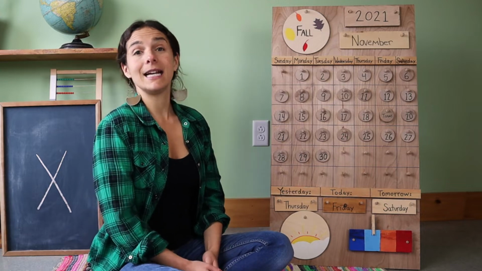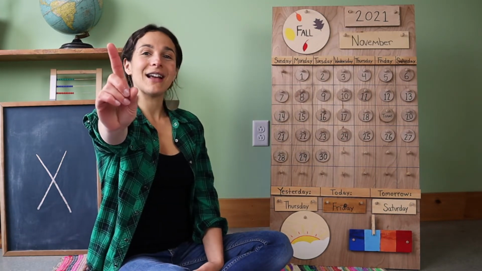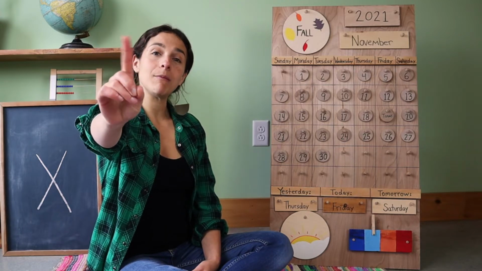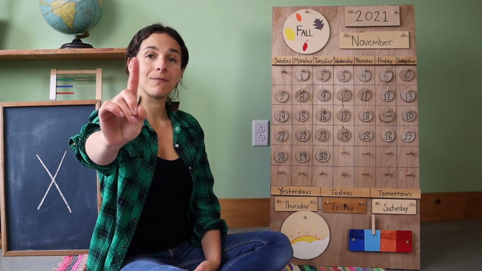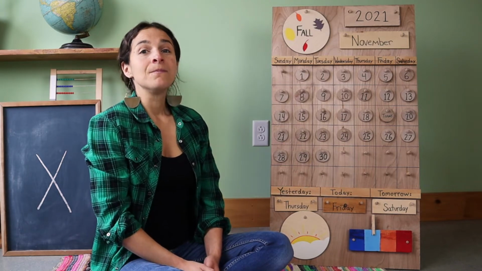Let's see how many days we've had so far in the month of November. Take out your counting fingers and warm them up to give them a nice stretch. Let's also take a deep breath together like this.